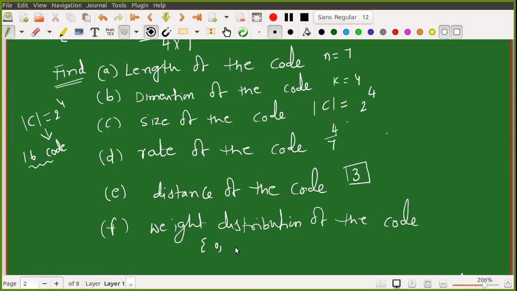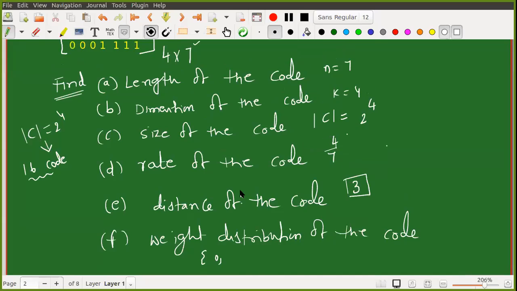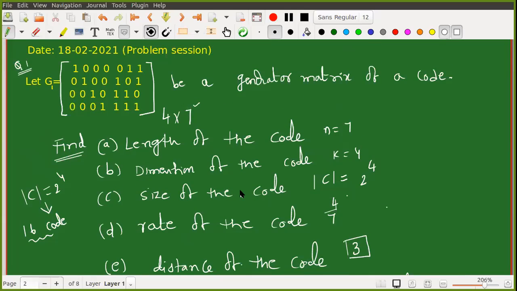Is there at least one code word of weight 3? Can you give me one? I am asking you, at least give me one code word of weight 3.